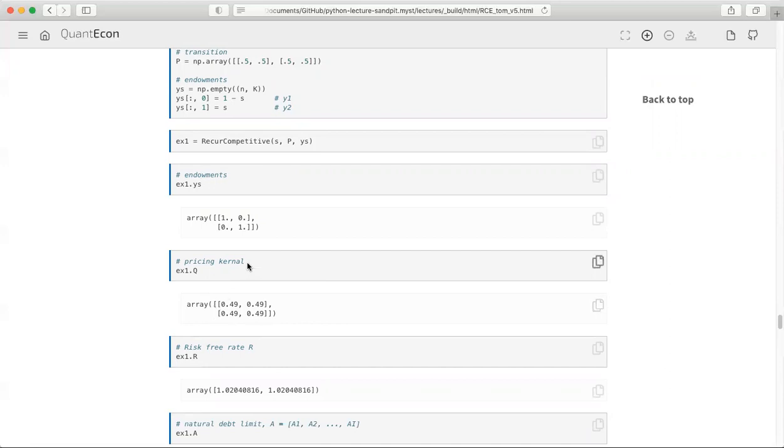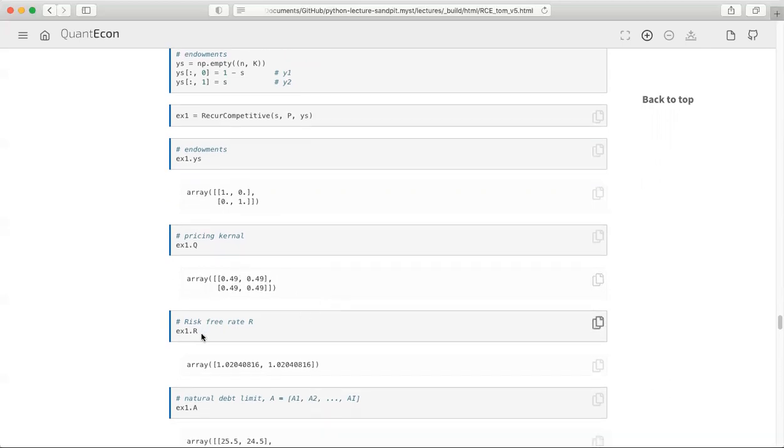Since the aggregate endowment is just 1, the ratio of marginal utilities isn't going to do anything. So this is just going to be beta times the transition probabilities. So you can figure out what beta I put in here. Just take 0.5, yeah. The transition probabilities are 0.5. Now the Q is just proportionate.